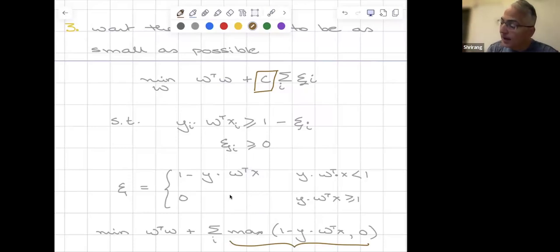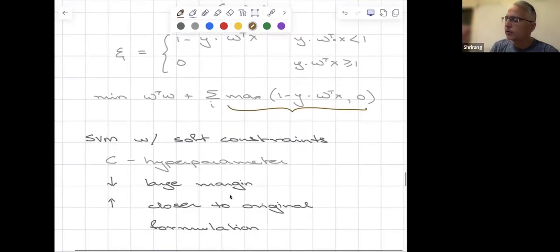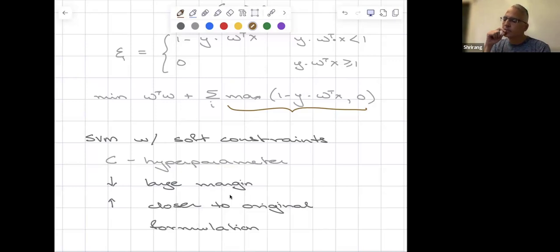So that is the balance between the W transpose W and the slack variables. It is a hyperparameter. We have to figure out what to set it to. If I set it to 0, it'll push more points into the margin, but my margin will be very big.